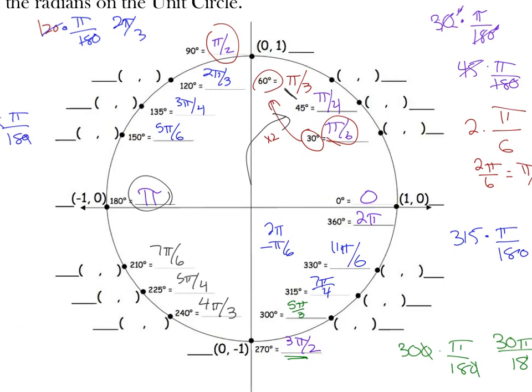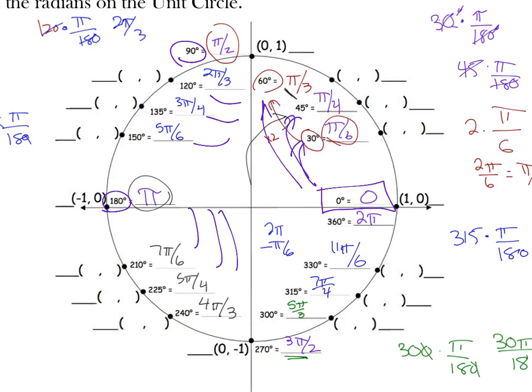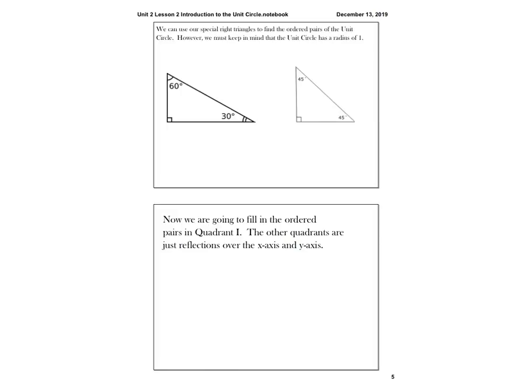You start here at 0, you go 30, 45, 60. Your next anchor is 90, then 30, 45, 60. The next anchor is 180, 30, 45, 60. Then you're at 270, 30, 45, 60. And then all the variations of radians after that.